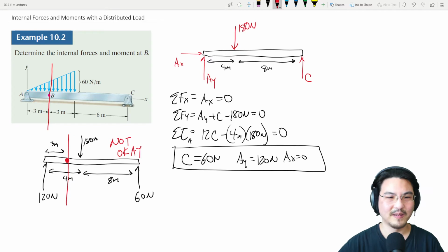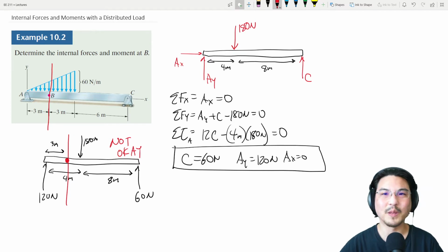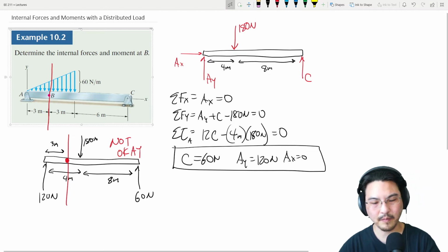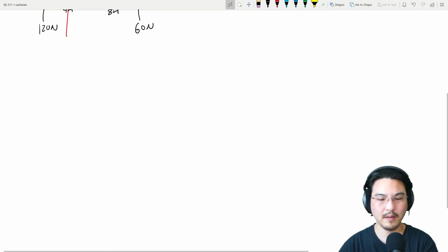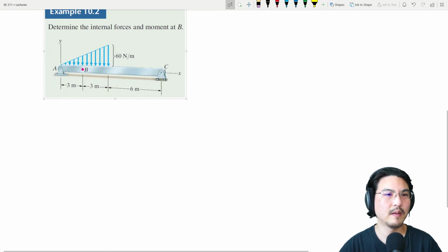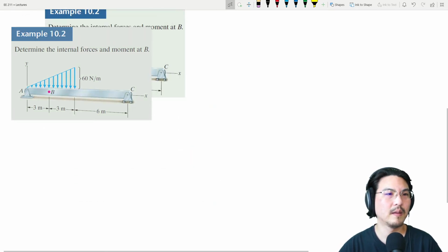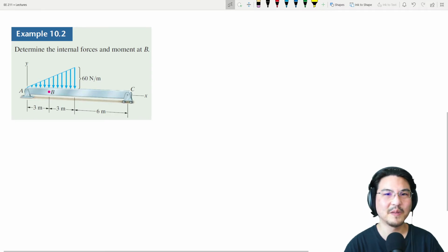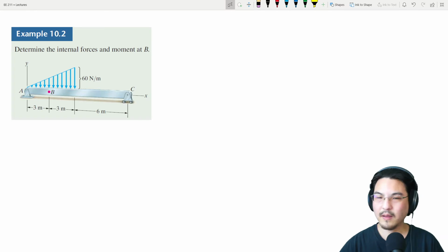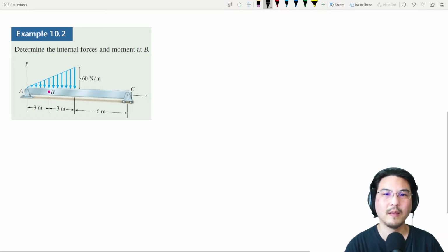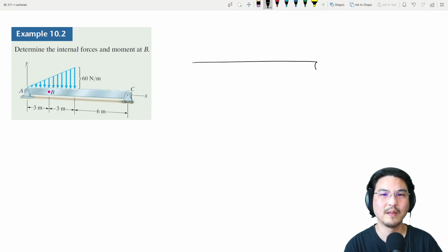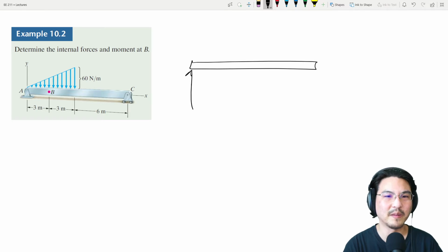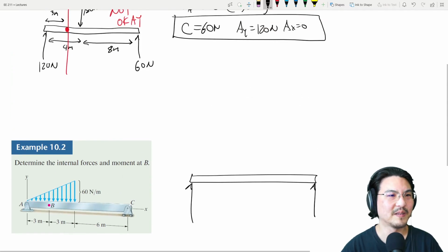Okay, so let's do that. Let me just copy this over here. Okay, so we had our beam, and then now we know this was 120 and 60.